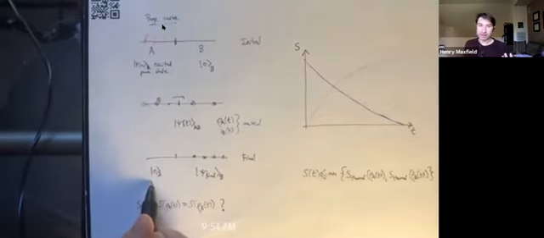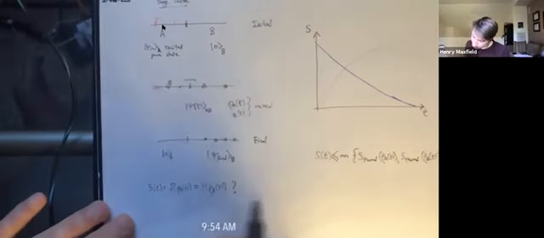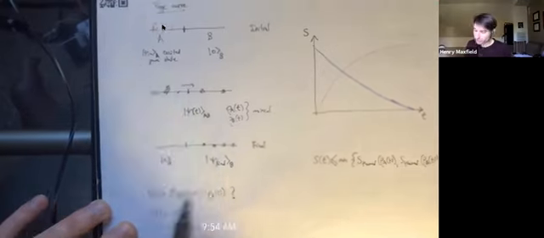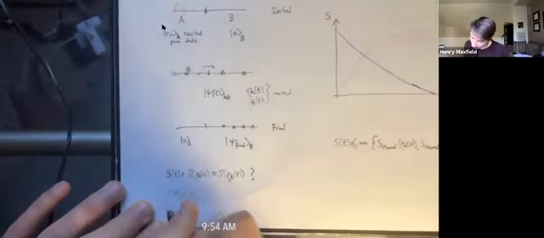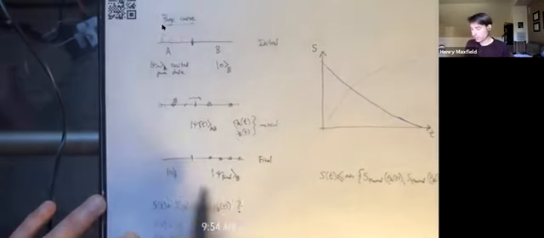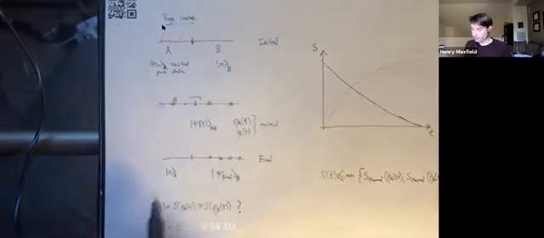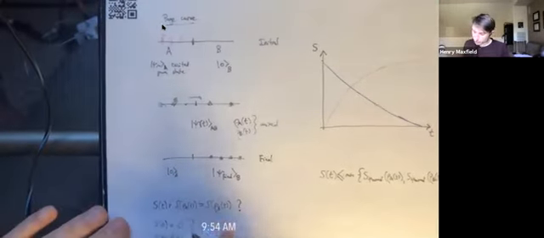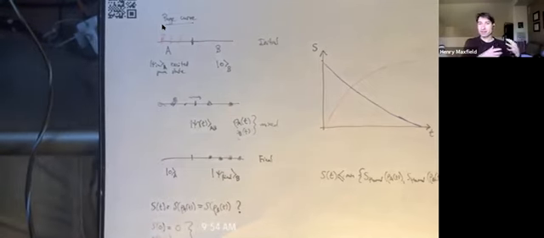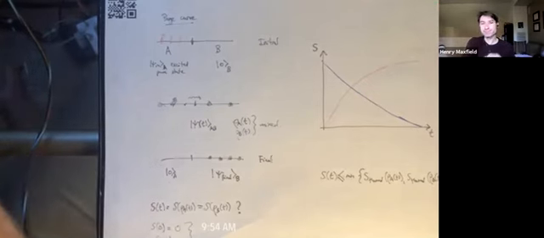A is cooled down to its ground state, perhaps, and we've got some final state in B. So this means that S at time 0 is going to be 0 because there's no energy over here, and S at T final is going to be 0 because A is now in a pure state. We started with B in the vacuum and we end up with A in the vacuum. So this is an example of saying that in quantum mechanics, the initial pure state of the black hole should evolve into a final pure state in the radiation.